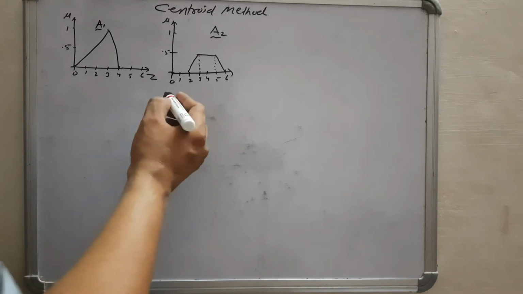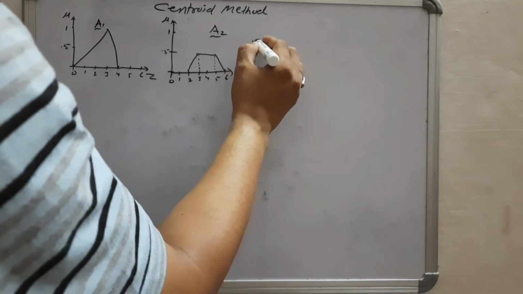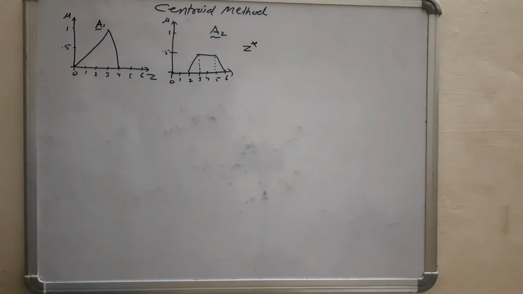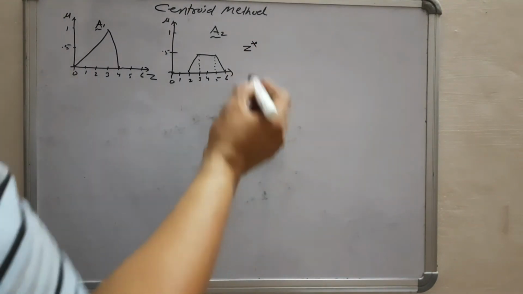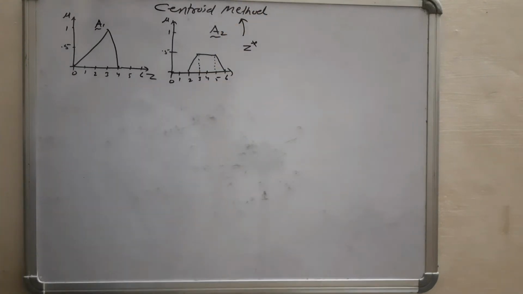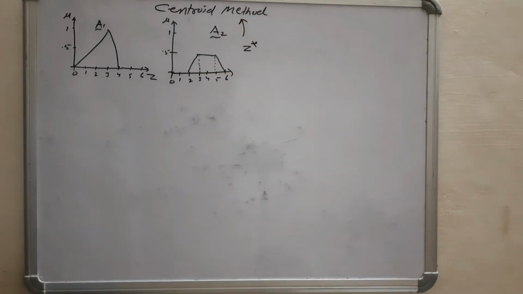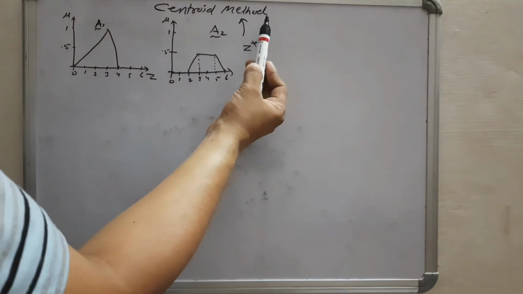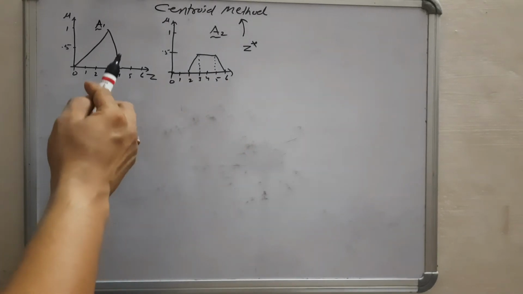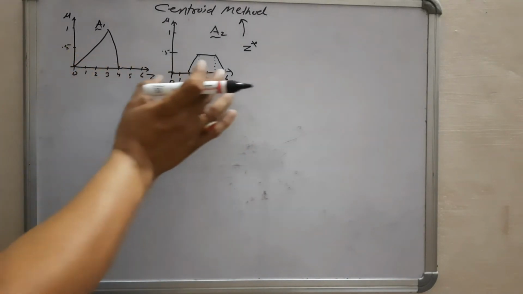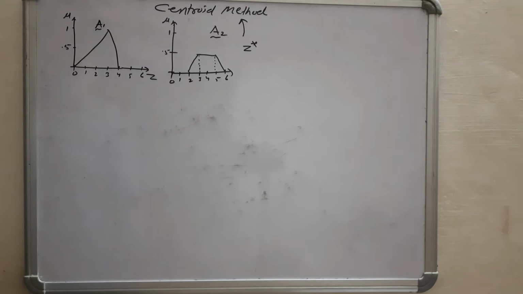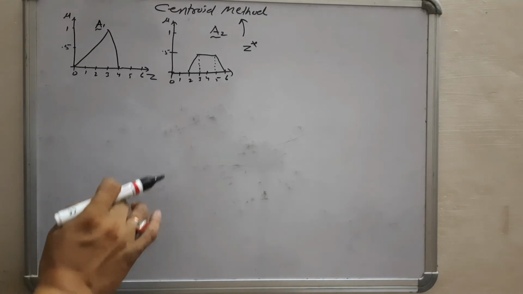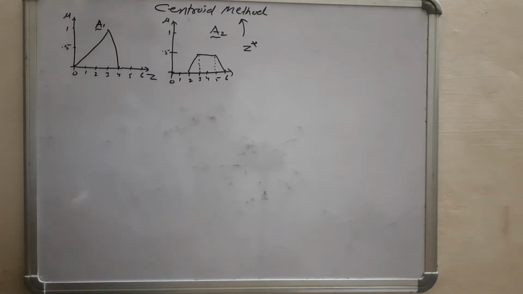Now we have to find the defuzzified value, denoted by Z star, using the centroid method. As we know, the centroid method gives the defuzzified value, which is basically an indication of the center of area and center of gravity.